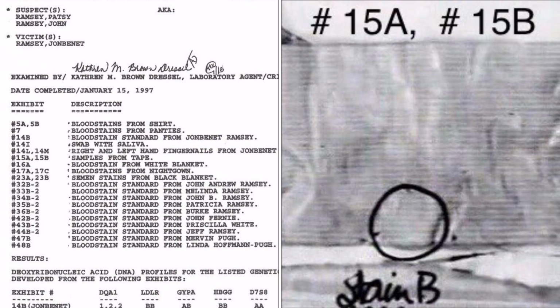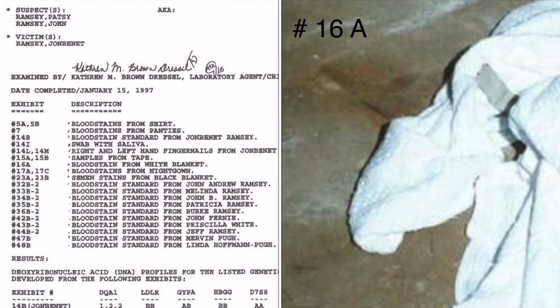Exhibit 15A and 15B, the saliva stain from the duct tape. These stains occurred when her body was lying there after her death. Exhibit 16A, blood stain on the white blanket. Not sure how and when these got there.